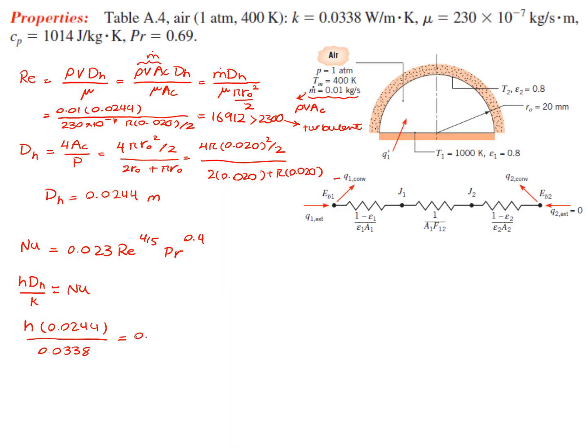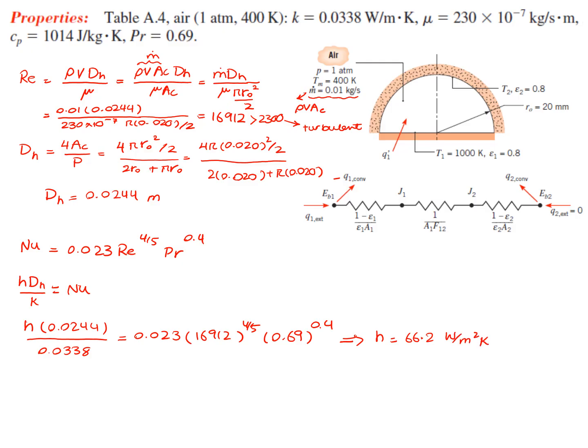And that should be equal to 0.023, and your Reynolds number, which is 16,912, to the power 4 divided by 5. And your Prandtl number, which is 0.69 divided by 0.4, to the power 0.4. And that should give me h equal to 66.2 watts per meter squared Kelvin.